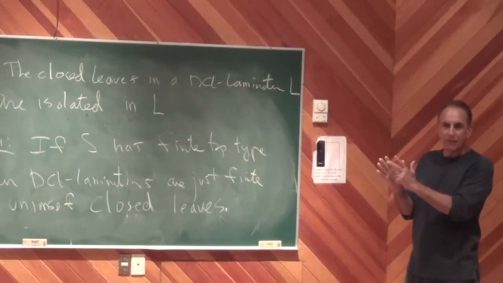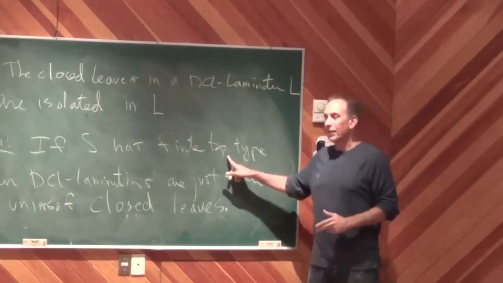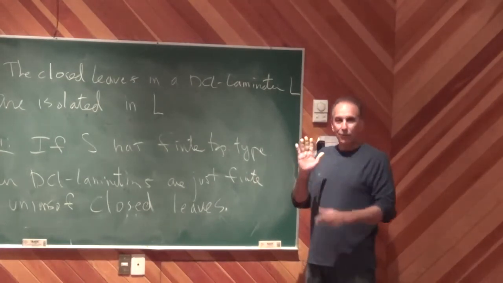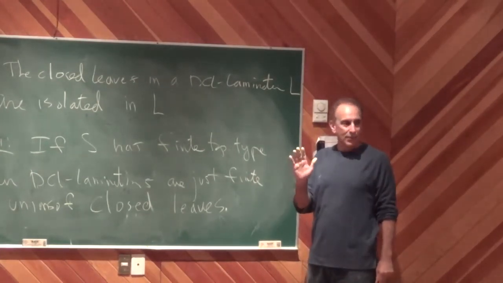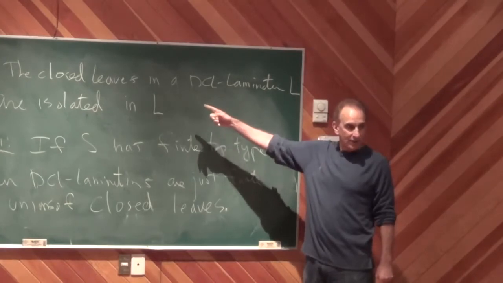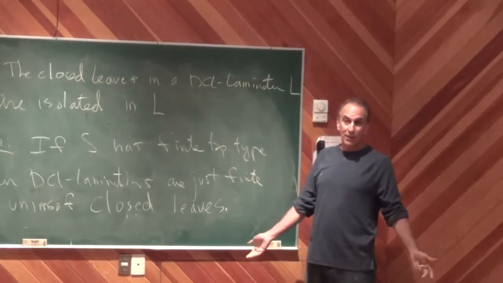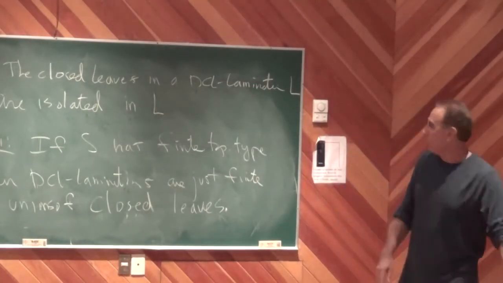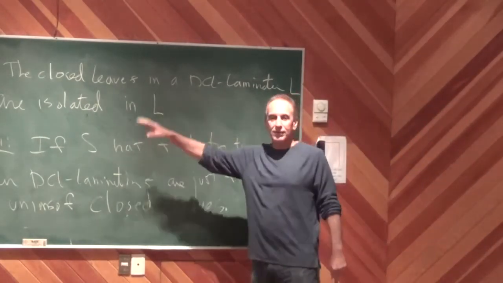Well, you can't have infinitely many closed leaves on a finite topological type surface. They're all disjoint. You can't. Therefore, that leaf couldn't have been open, it had to be closed. But all the closed leaves are isolated, therefore there are only finitely many, and you can even give a bound in terms of genus.